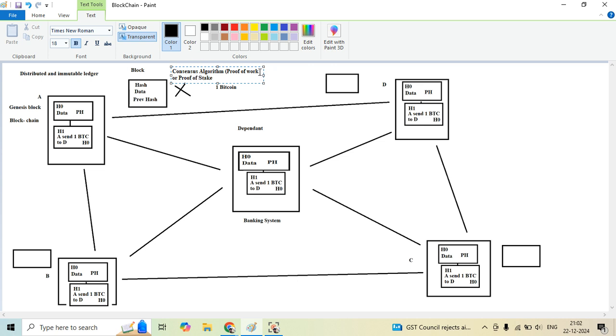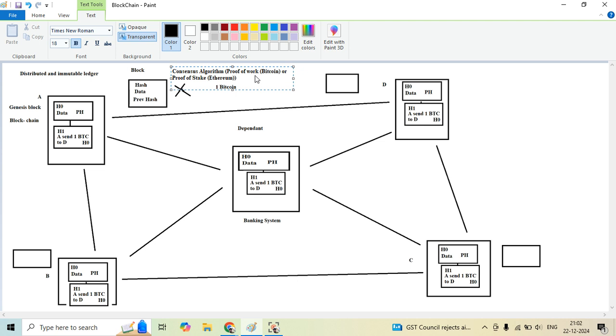Proof of work is used by Bitcoin, and proof of stake is used by Ethereum. The use of all of these algorithms is to reach a consensus.